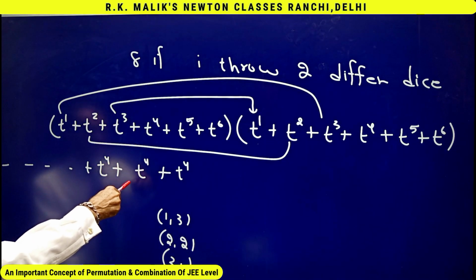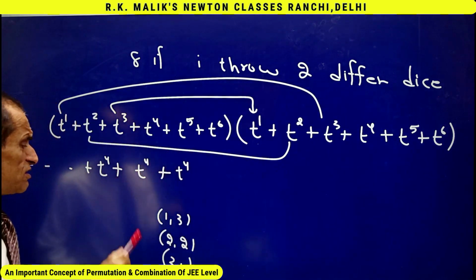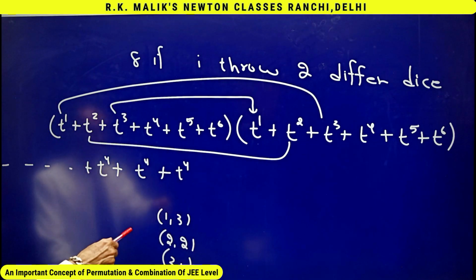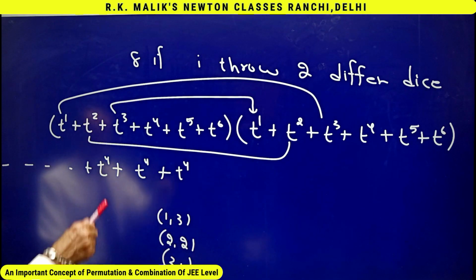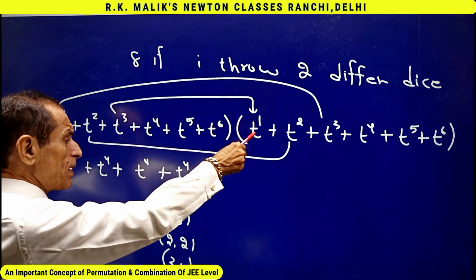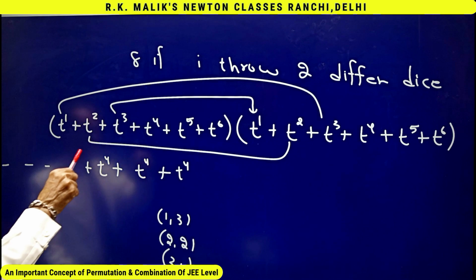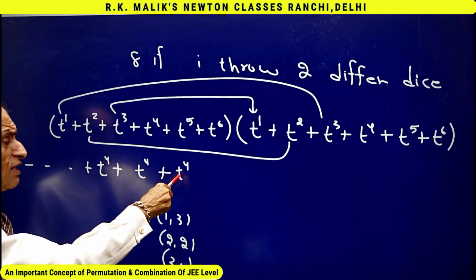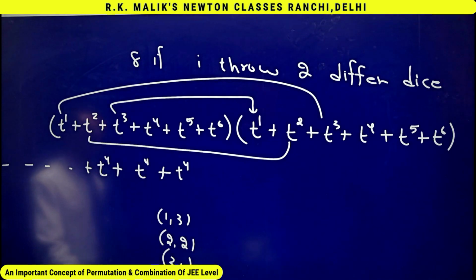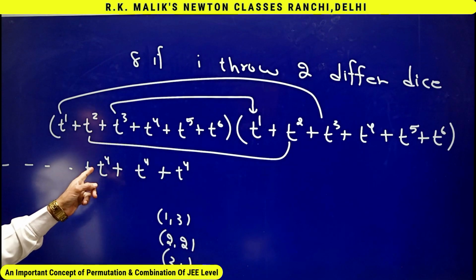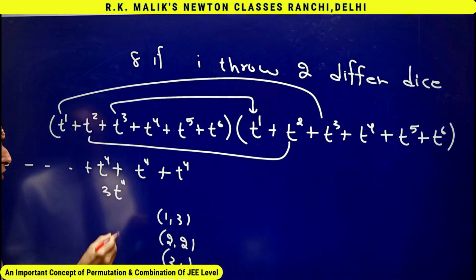This t to the power 4 has come because of the multiplication of this, and this is indicating towards the way of getting the outcome 2 2. Similarly, when this will multiply with this, again t to the power 4 will come, but this t to the power 4 term is indicating towards the outcome 3 1. That is, when you will add them, you will get 3 t to the power 4.